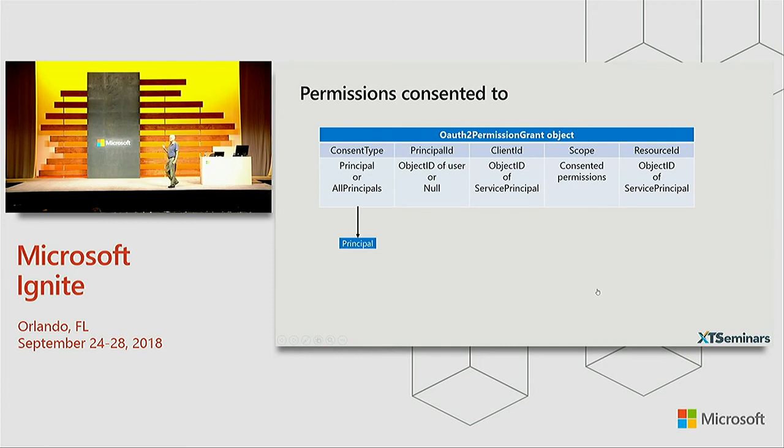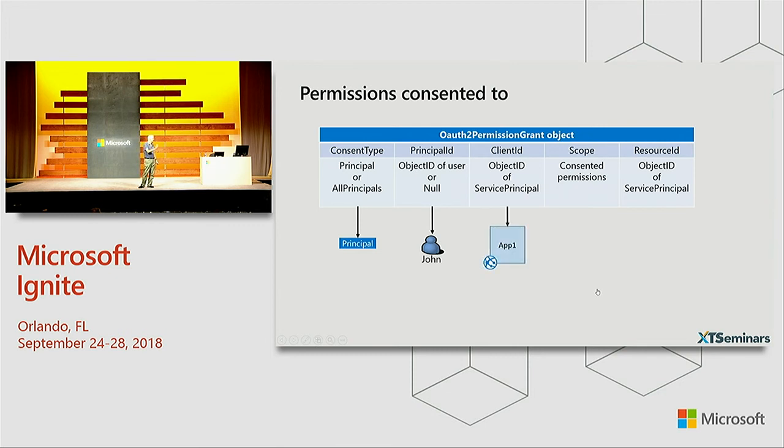Next thing, if you've chosen principal, you need to say who the principal is. So you've got the object ID of the user. So my principal here is John. The next thing is you've got the front-end application. This is the client ID, the front end, and you use the object ID of the service principal that represents the front end.